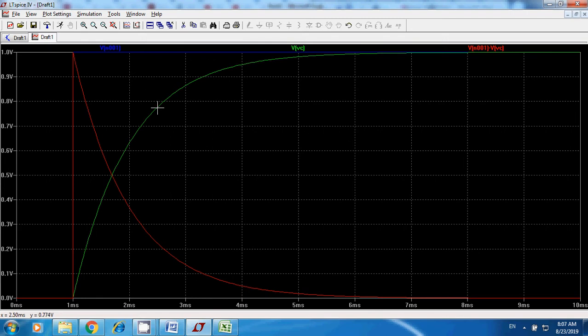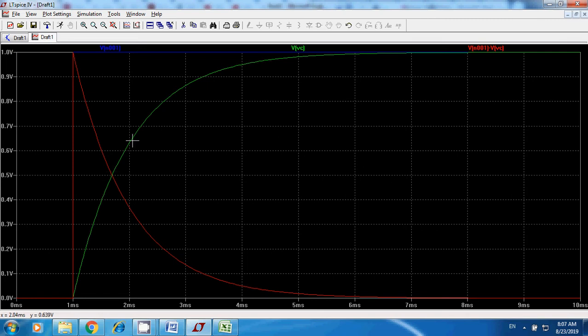We are focusing on the green line, right? So what you can do is put the cursor right here. You see the cursor, and you notice here on the bottom left you have coordinates x and y, right? Coordinate x means the time, and y is simply the voltage.